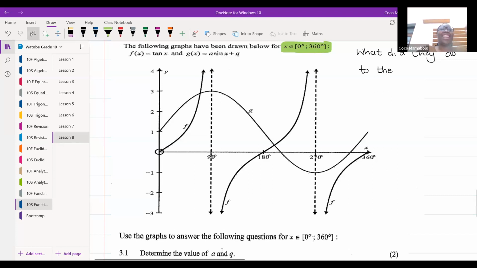Thank you, Anna. That is not the correct answer, but I love it. I can tell you now, Anna, if I was marking your paper and I asked a question like this, what did they do to, and you wrote my mental health, I would give you a mark just for vibes. You would get a mark.